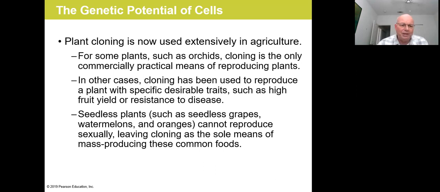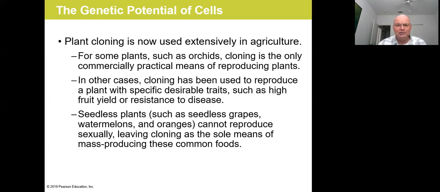You bind them up, and they make special materials for binding them up, and you just leave them attached, and the tree does the rest, or the vine does the rest. They grow together and merge together to become one, and you take off all the extraneous material that you don't want, that's not going to produce the oranges or the grapes that you want, and now you've propagated it.